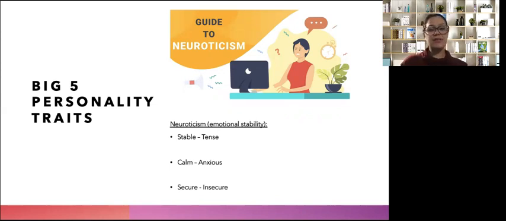Whereas high levels of neuroticism increase the likelihood of experiencing these negative emotions. They're prone to mood swings. They experience high levels of stress. So this trait really contrasts emotional stability and even temperedness with negative emotionality, such as feelings of being anxious, nervous, sad, intense, and so on.